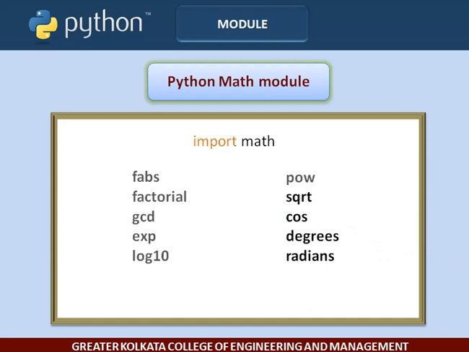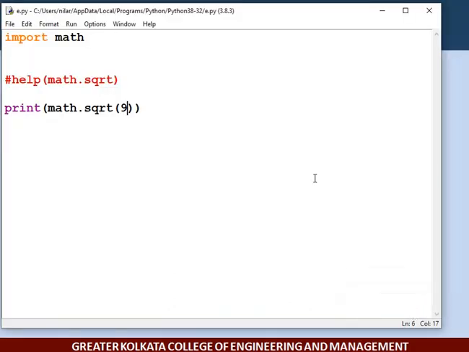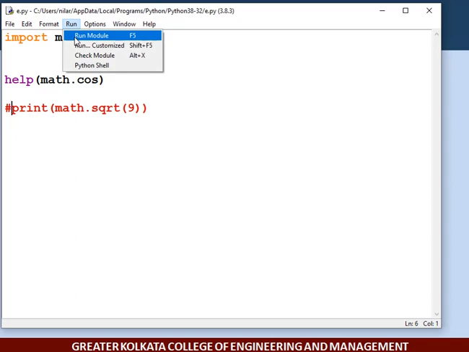Okay, so let's start the cosine function, help documentation of cosine function. We will see this documentation in that way. Okay, now run it.